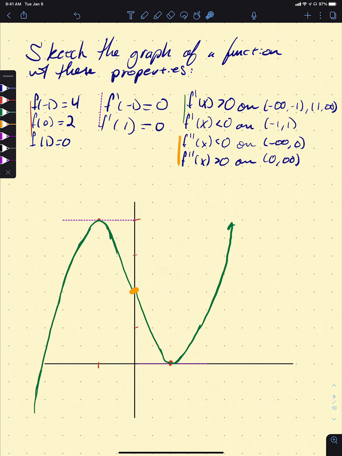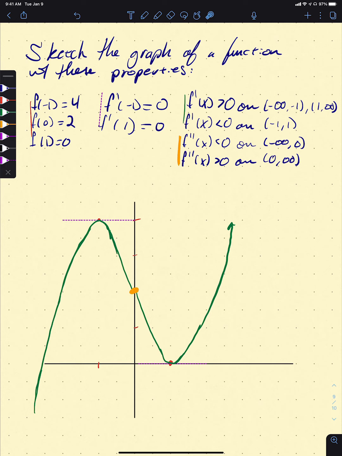When we're concave down and we have a critical point, we need to have a relative maximum. Likewise, when we're concave up, like what's going on here, and we have a critical point, well, then we automatically have a relative minimum, right?